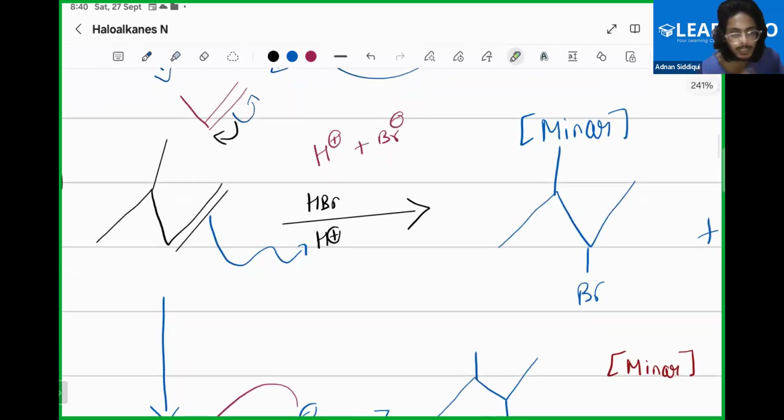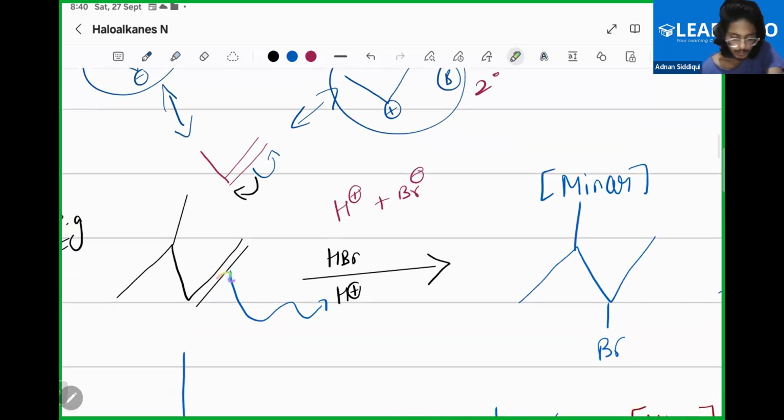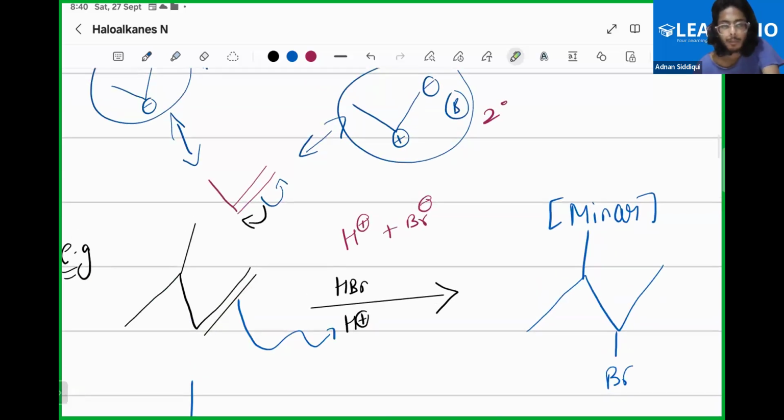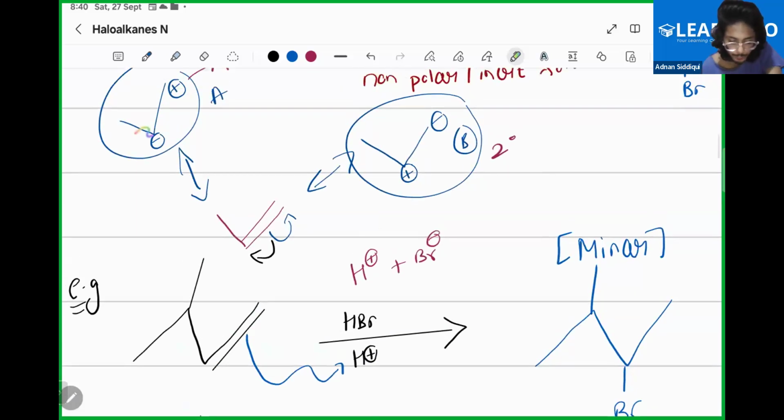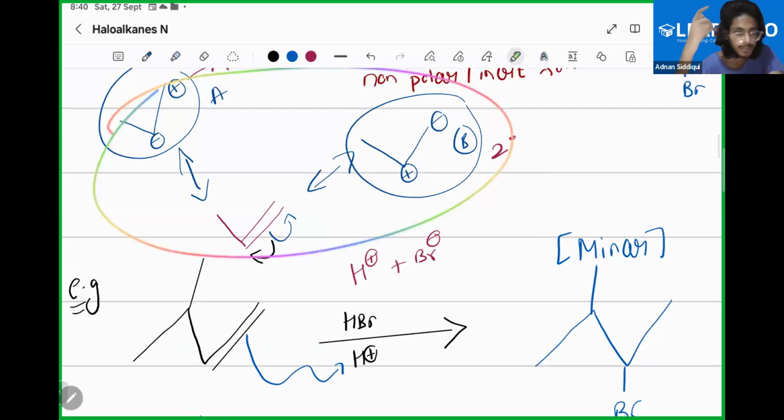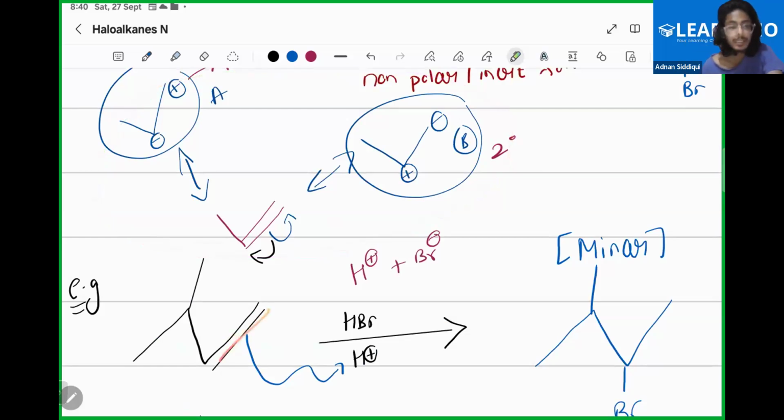Now, if I'm adding HBr, its main goal is to provide H positive, right? Now, this is a double bond, a pi bond, and a pi bond can delocalize, it can move around. If you don't have to show it in your exam, this is just for your understanding. My pi bond has some electron density.